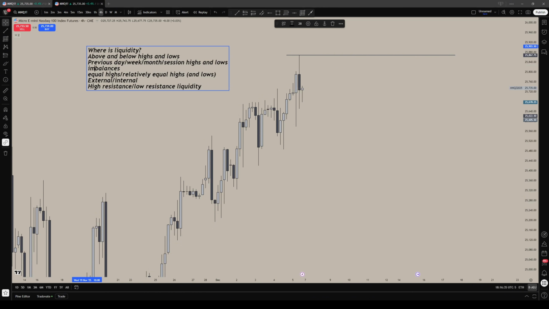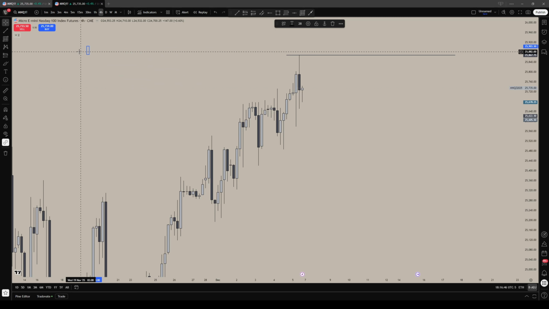And also in imbalances, there is a vacuum of orders, and it pushes the spread farther, creating a draw on liquidity. So now we covered where liquidity is, and why price targets liquidity, and the different types of liquidity you must know, including everything I just showed you.